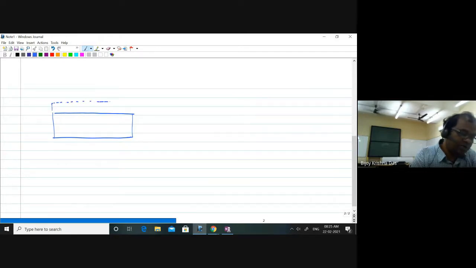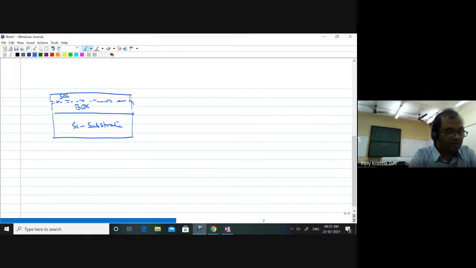It is actually called lower cladding, but technically it is called box, meaning buried oxide, basically silicon dioxide. And then the material layer you have is the so-called SOI layer.